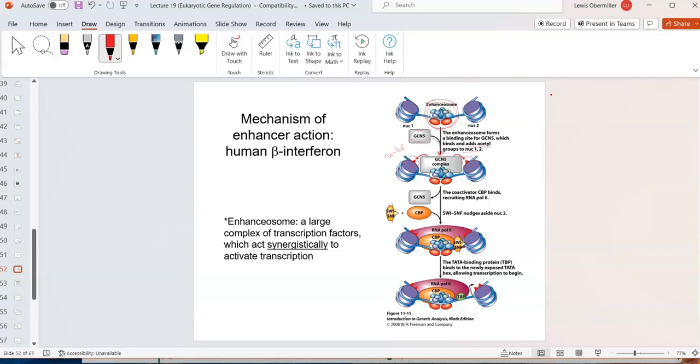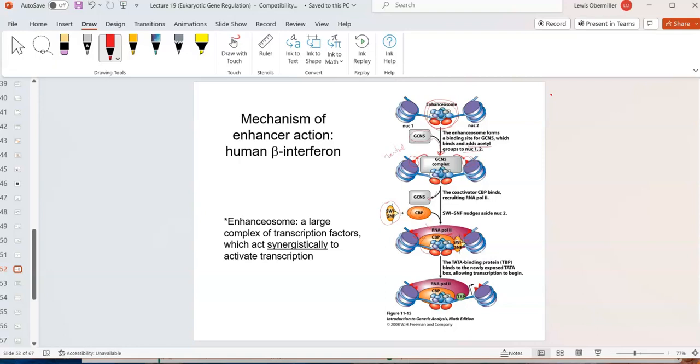So they're going to relax a little bit. Once that's moved, SWI/SNF and a co-activator called CBP bind. So here's the CBP, here's the SWI/SNF, and these are physically pushing these nucleosomes apart to allow the RNA polymerase to bind to the promoter region.